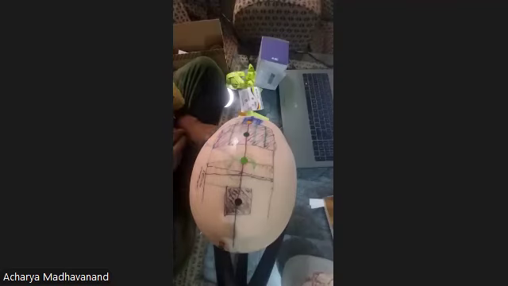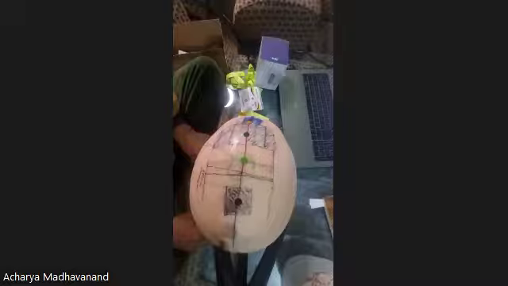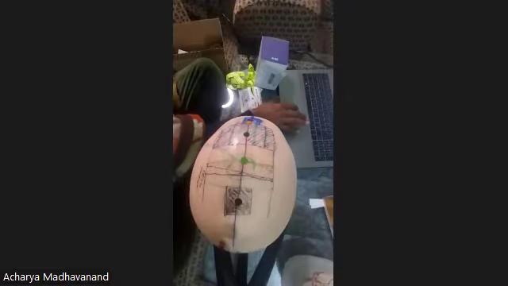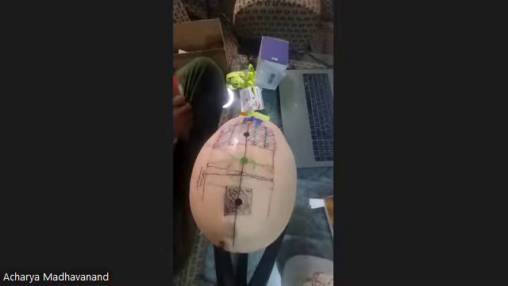Then for plantar fasciitis, plantar pain of foot, you can use this area. Then for hip pain, you can use this area.